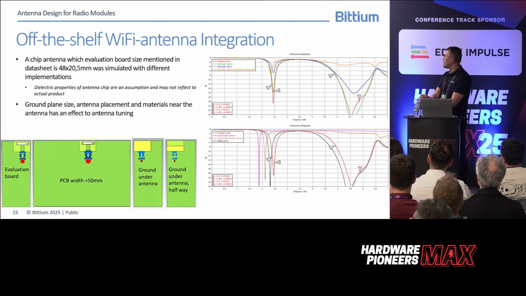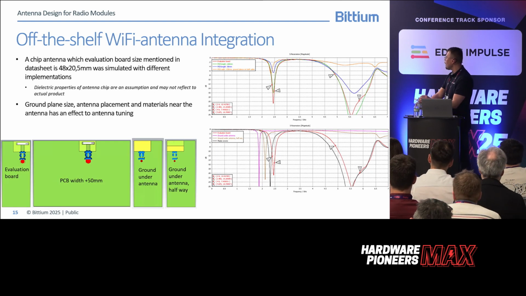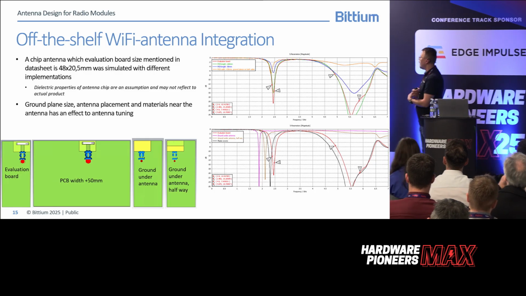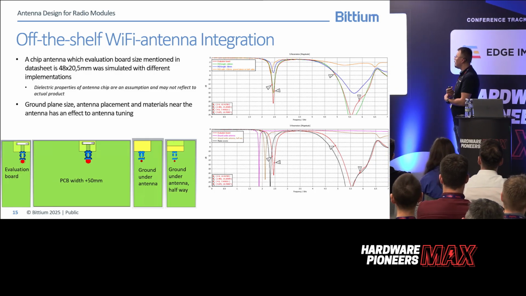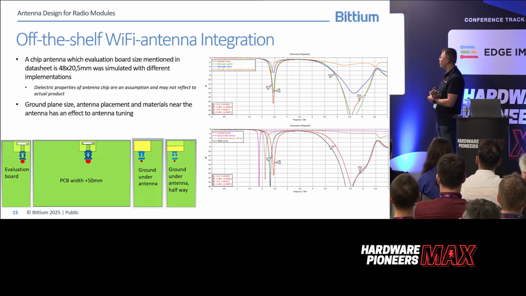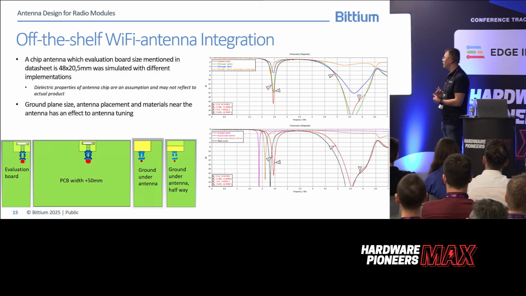Here is an example of that. I took one chip antenna where the ground plane size in the datasheet was 48 by 20 millimeters and simulated it in different implementations.